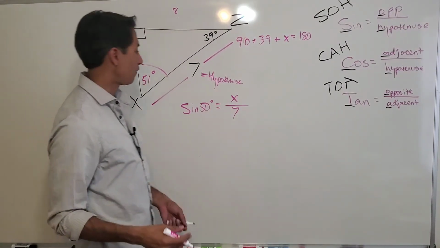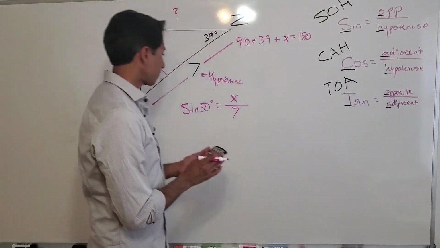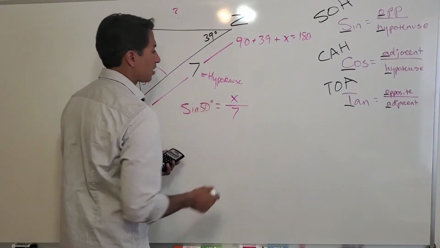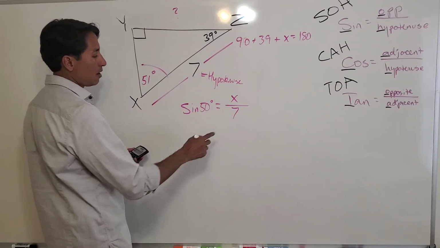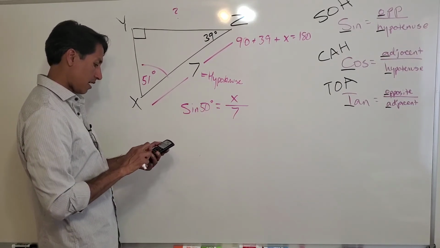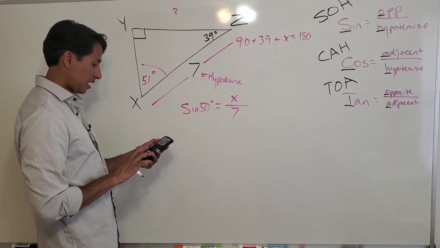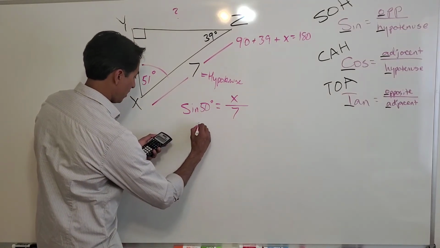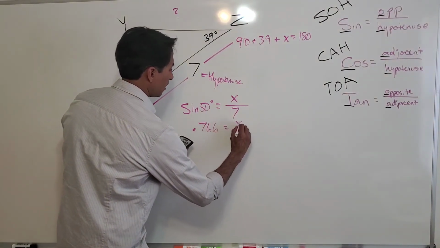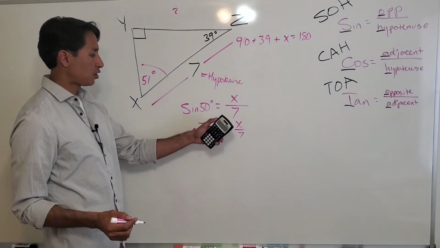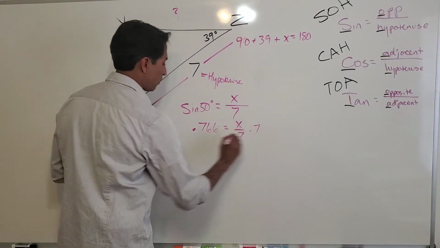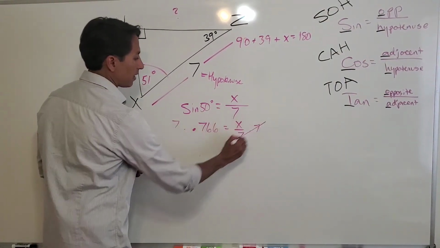And now I'm just solving for x. X is on the top, which is kind of interesting. So for this one, it's actually kind of quick, or seems quicker for me. Sine 50 is 0.766. All right, and now if I just want to solve this for x, I can just multiply both sides by 7 to get rid of that guy.